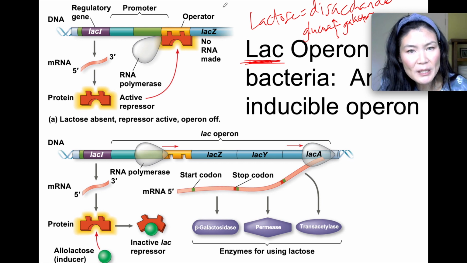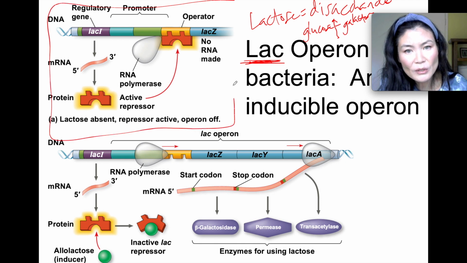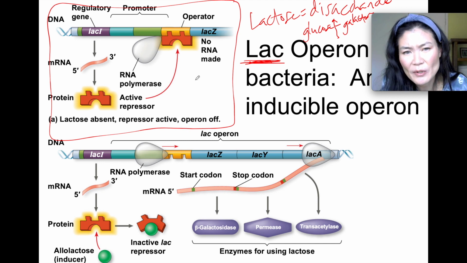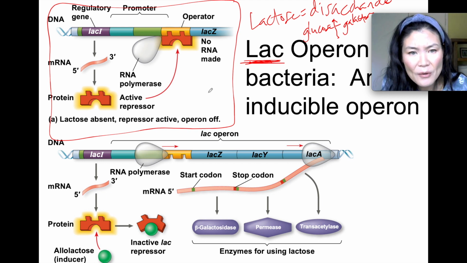Okay, and up here in this diagram at the very top, if there's no lactose around, the bacteria don't really need those enzymes, right? If there's no lactose around, why make the enzyme to break down lactose? So the operon is shut down. The gene is shut down, okay?